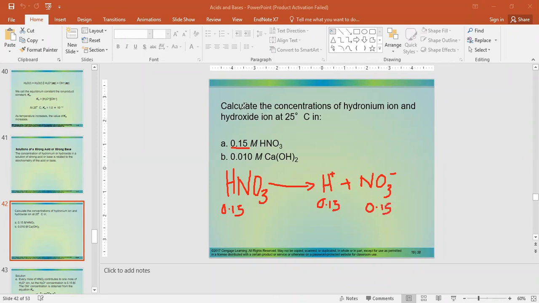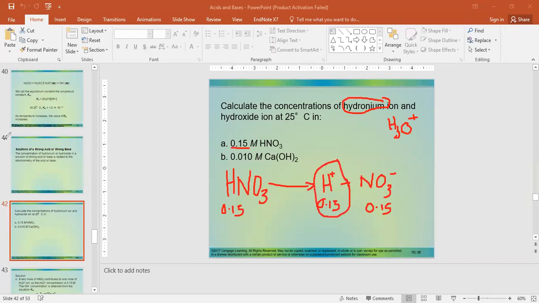Now, calculate the concentrations of hydronium ion and hydroxide ion. You know, the hydronium ion, which we write as H3O plus, is actually the concentration of the acid here.